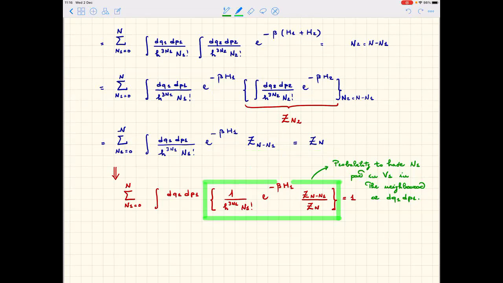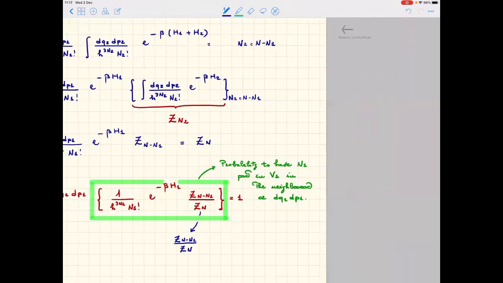So let's try to simplify this probability density in some way. Well, the only expression that is a bit complicated here is this ratio, Z of n minus n1 divided by Zn. So let's see how it should look.